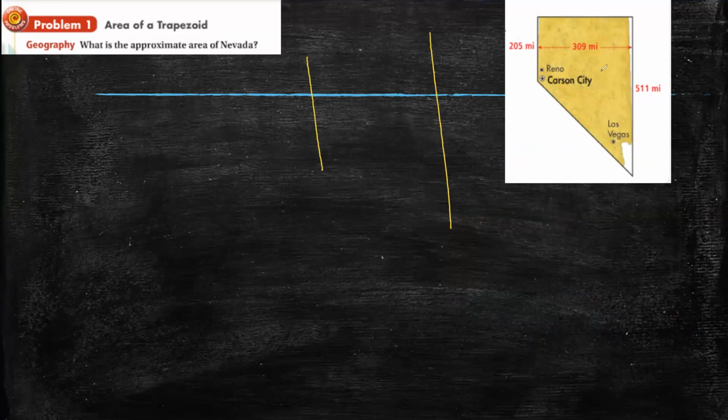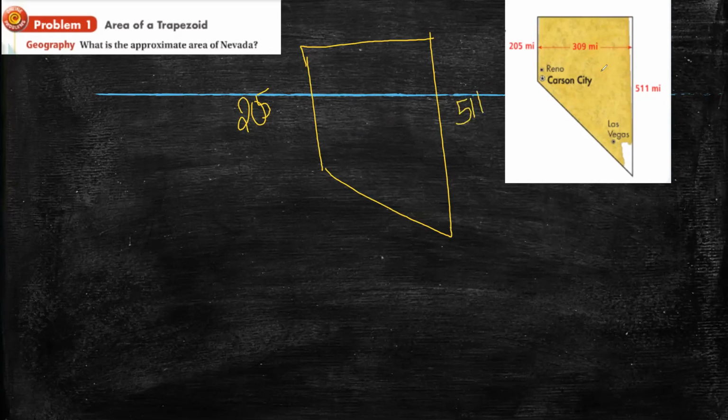These two are parallel to each other. The length of the first base is 205, and the length of the second base is 511, and the length of an altitude that connects between them and is perpendicular, it's 309.